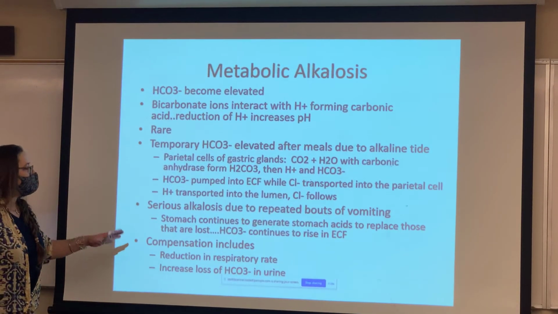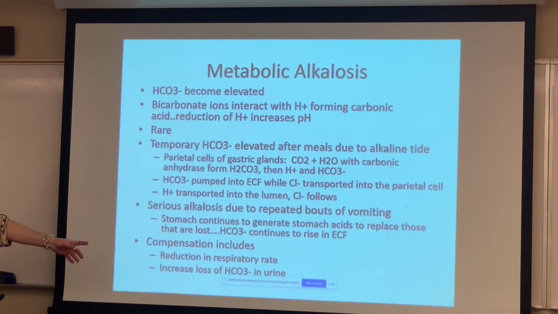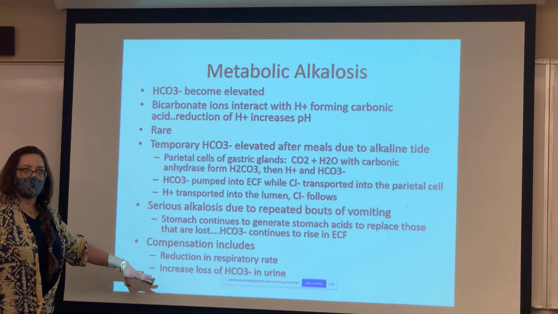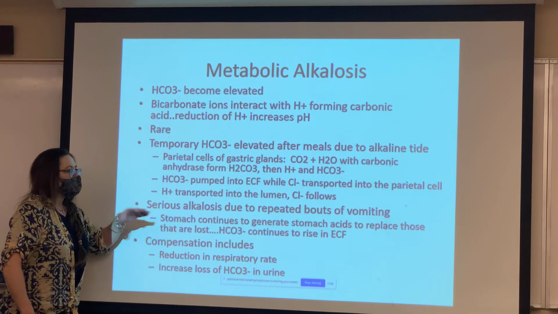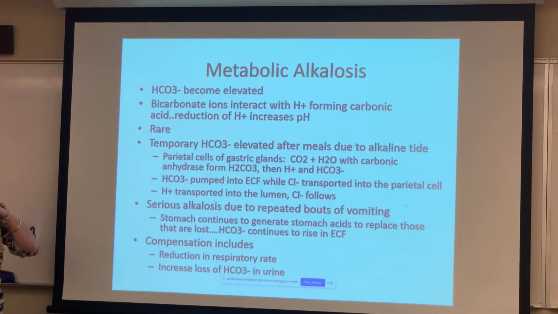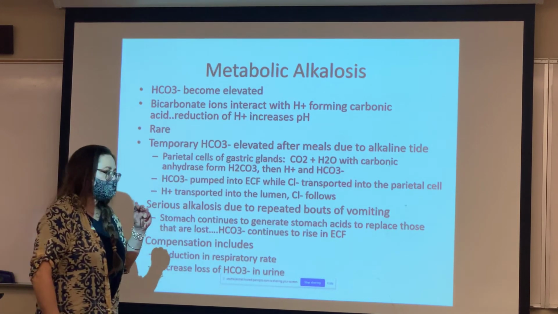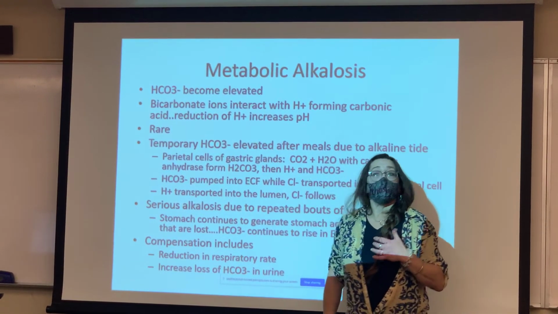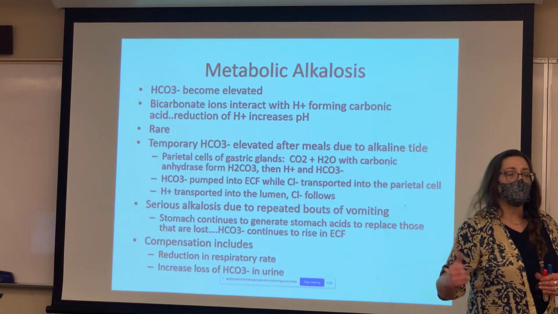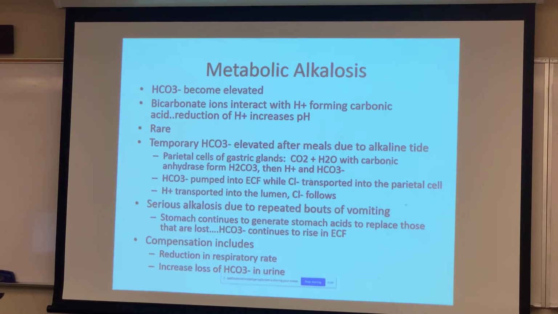This is people that have bulimia, anorexics, well, bulimics really, more so. Or some other kind of condition. Maybe the person's doing chemotherapy and they're getting sick a lot. This is chronic, repeated bouts of vomiting.